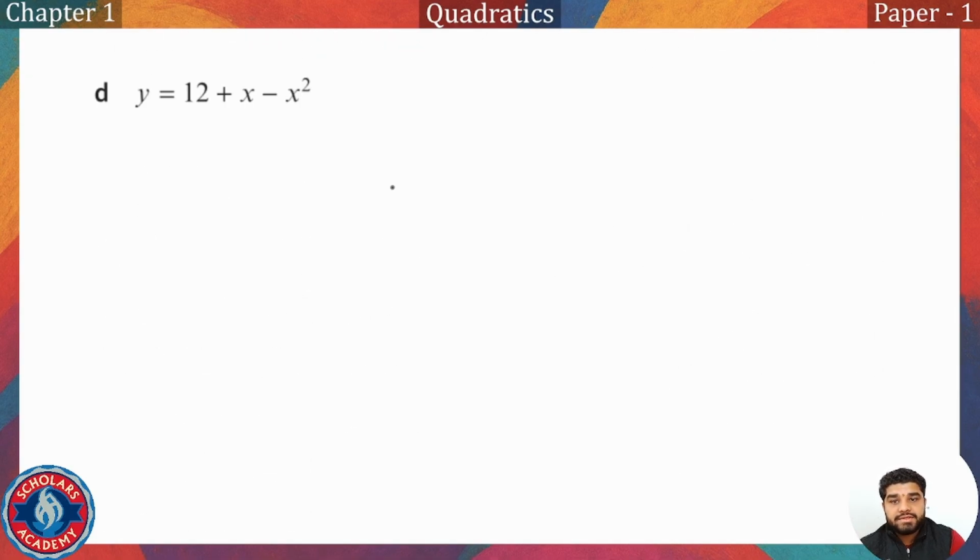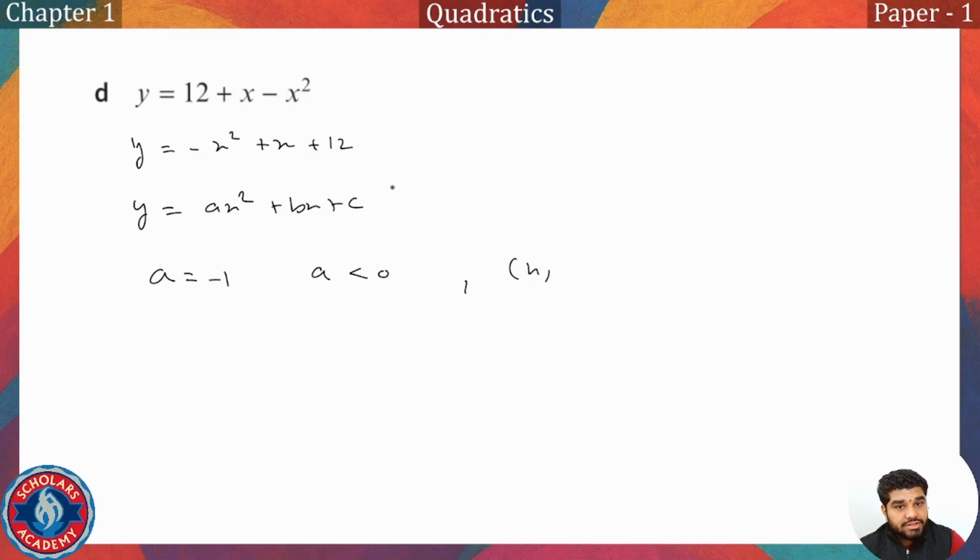So from this question, first we need to rearrange it. We get y is equal to negative x square plus x plus 12. If I compare it with y is equal to ax square plus bx plus c, I get a is equal to negative 1. A is less than 0 in this case.